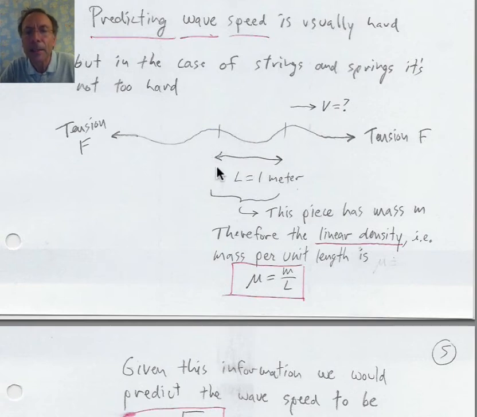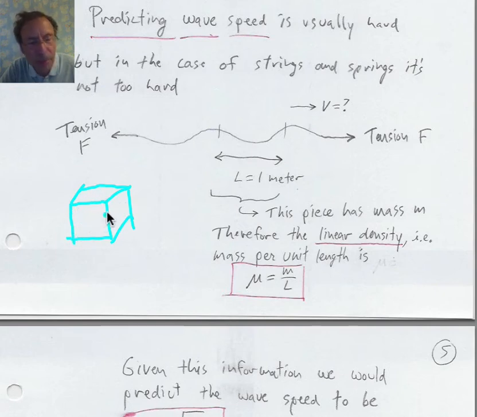And you need to know something called the linear density. Now, you've already learned about regular density, right? You've learned that density, like in your chemistry class, means you take a certain volume of a material and you need to know its mass, and you need to know its volume, and the density is the mass over the volume.